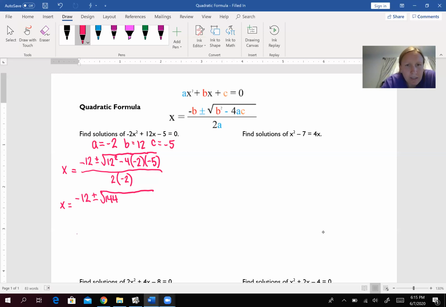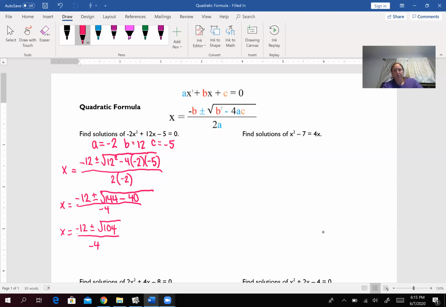Another way to think about it is there's 3 negatives here, so we know it's still going to be a -40. And that's going to be over -4. So x equals -12 plus or minus the square root of 104 divided by -4.